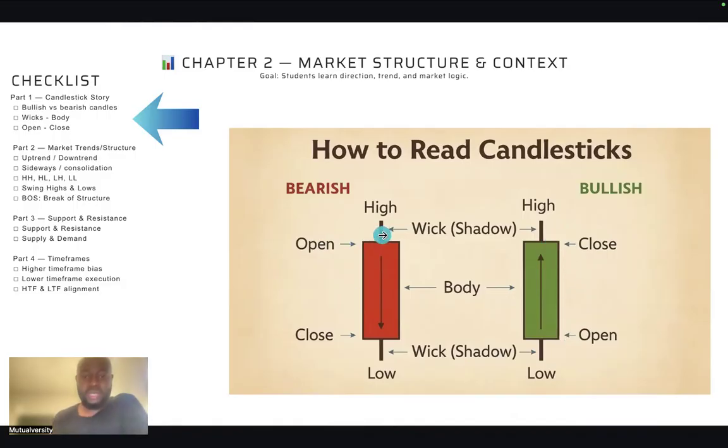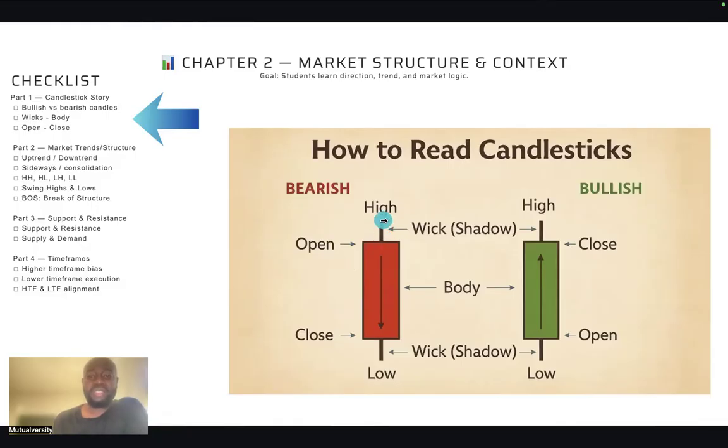Now, how are the wicks formed? Let me correct that again, sorry. The red candle opened at the top, and then people that were buying started to push price up.